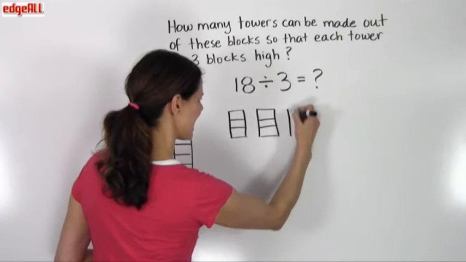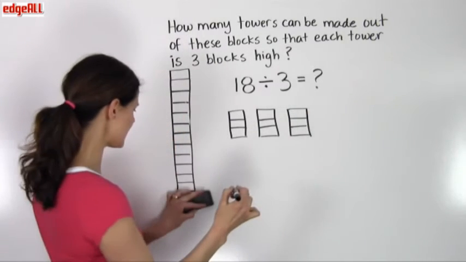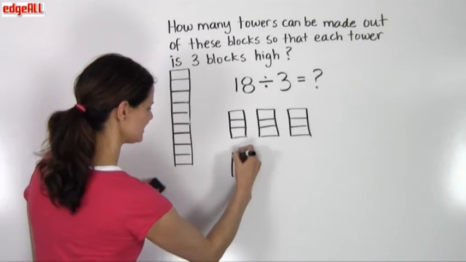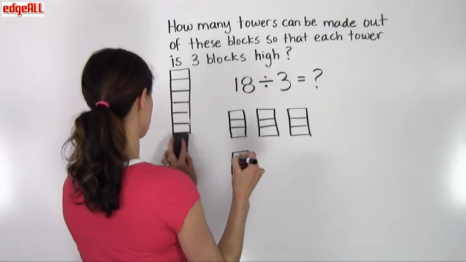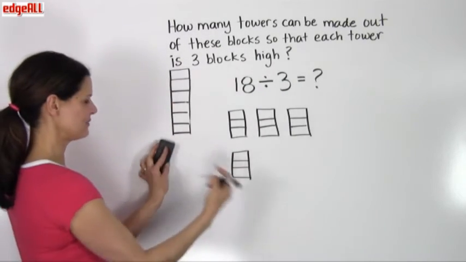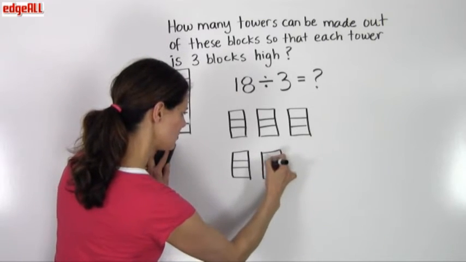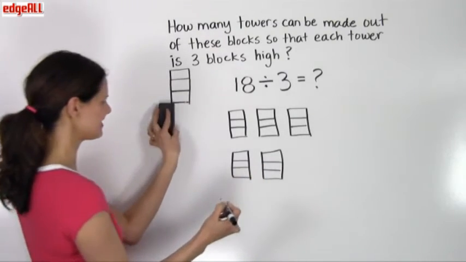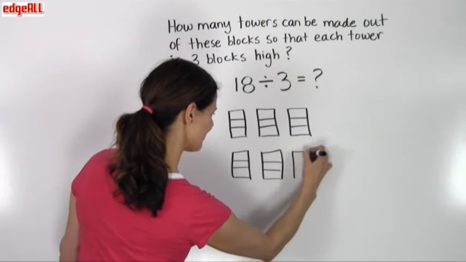And I'll do this again, making my little stack of 3, taking 3 away, and another little stack of 3, taking 3 away. Now my big stack is getting smaller and smaller each time I go. So let's do one more stack of 3, and let's see if we can fit. Look at that. We've got enough to make one more stack of 3.